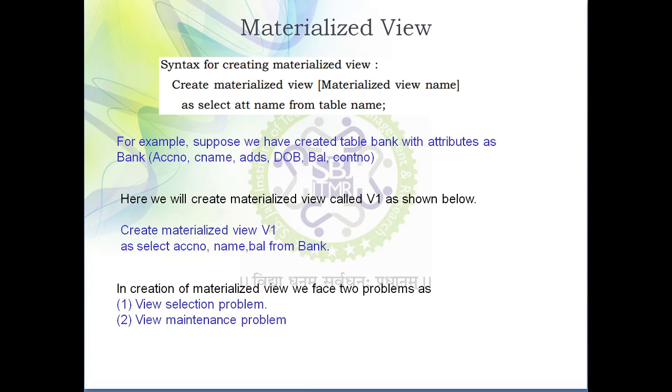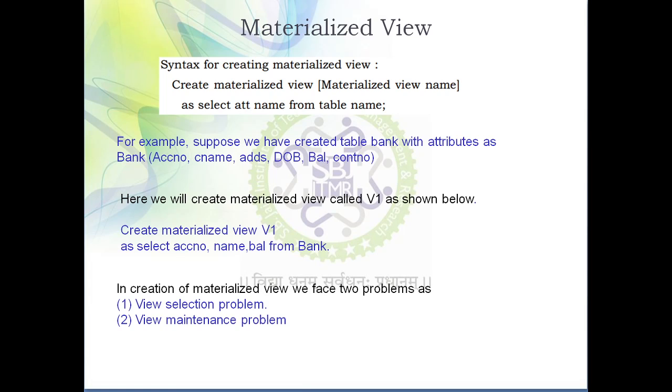In that case, the original table has different data from the subtable. That's why you need to attach a link between the base table and the subtable, so that whatever changes are done in the base table are also done in the materialized view. This is the view maintenance problem.